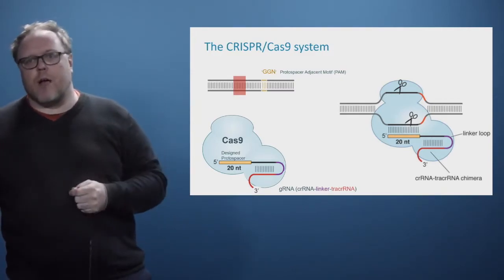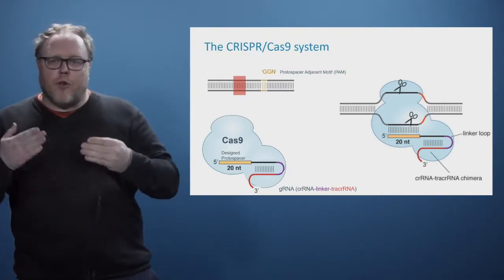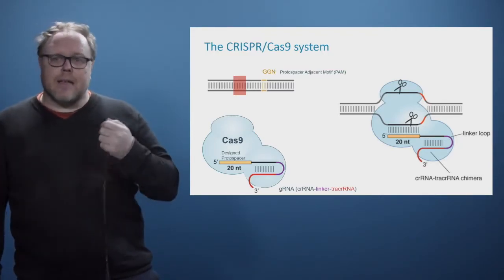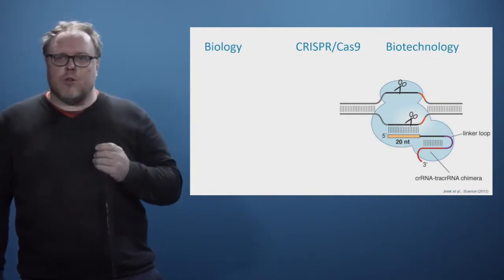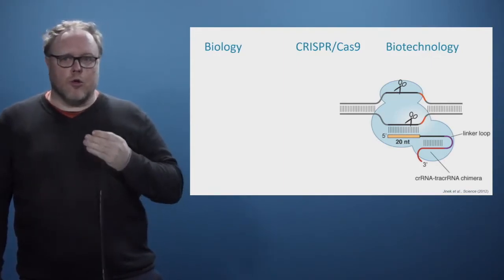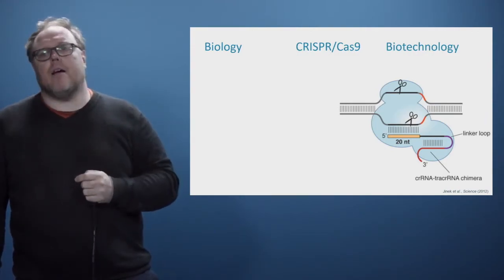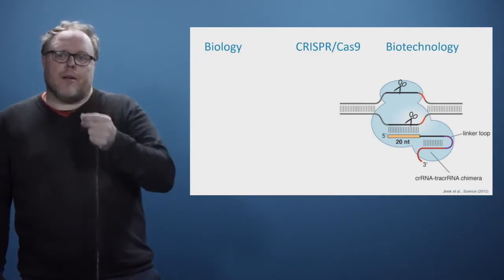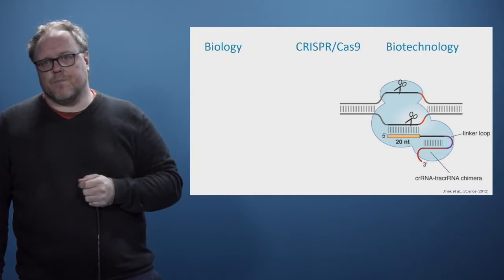Of course, this has been gradually improved, and derived technologies have been made to further increase that specificity, but still, this makes Cas9 the important biotechnological tool that it is: the combination of this enzyme and this guide RNA that triggers the nuclease activity to the right position.